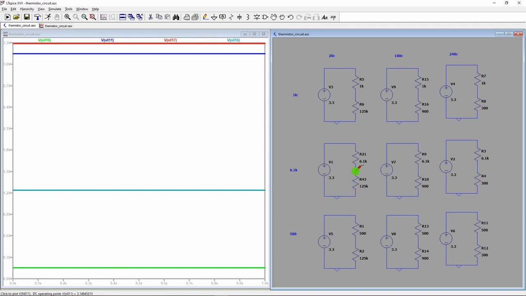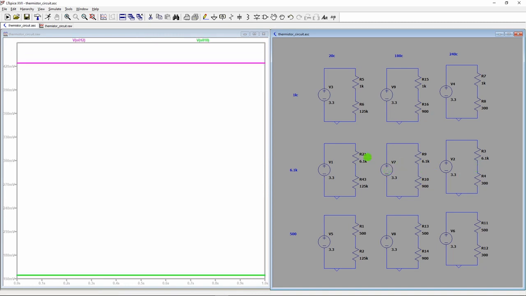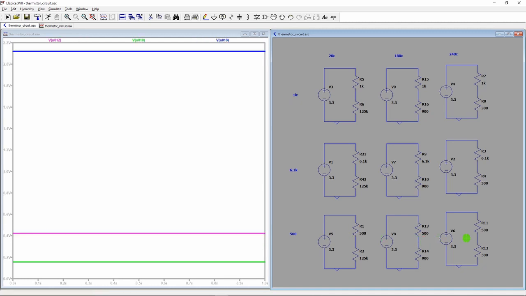However, if you look at the range from 180C on the 6.1K, it's only in the range of millivolts, but if you look at the range of the 500, you can actually see that it is a lot more. So this is the 6.1K right here, and then this is the 500.